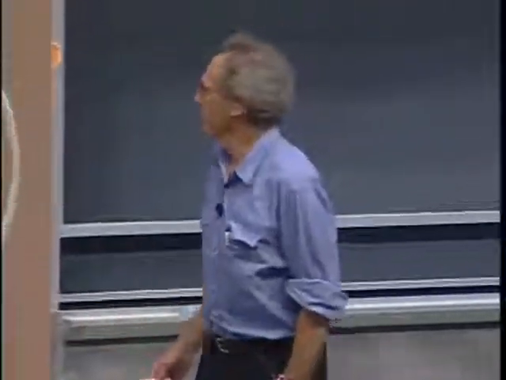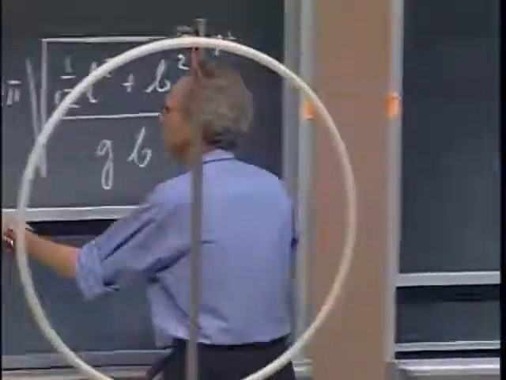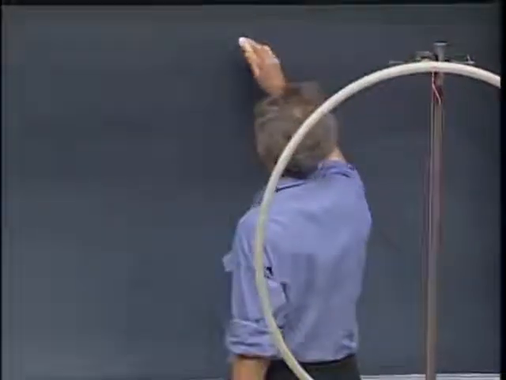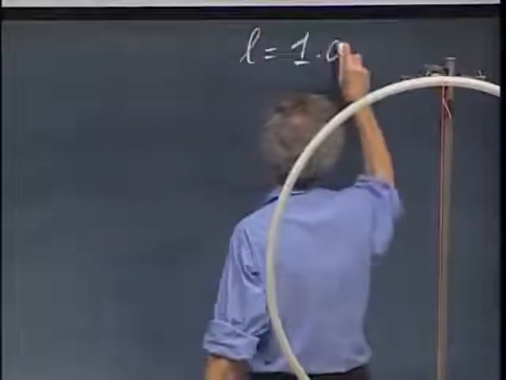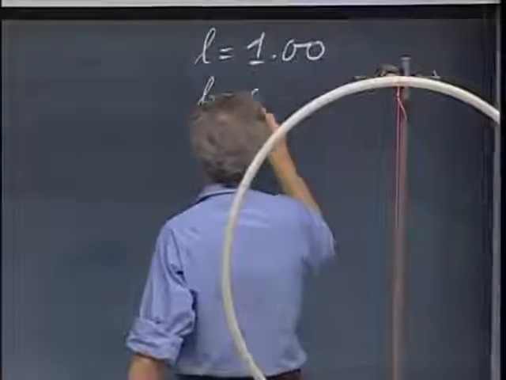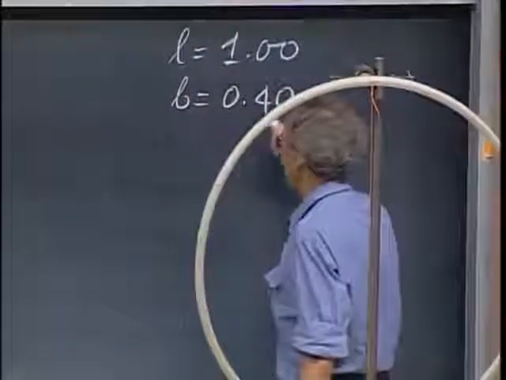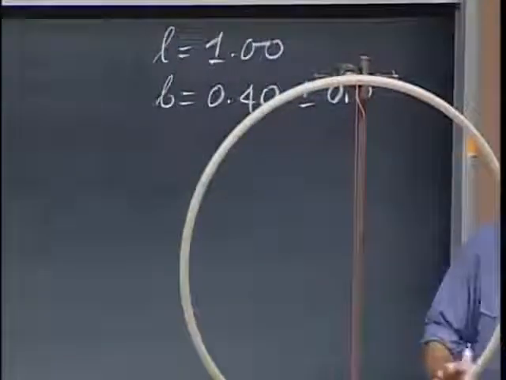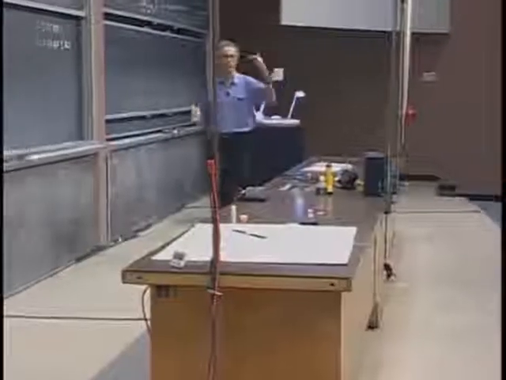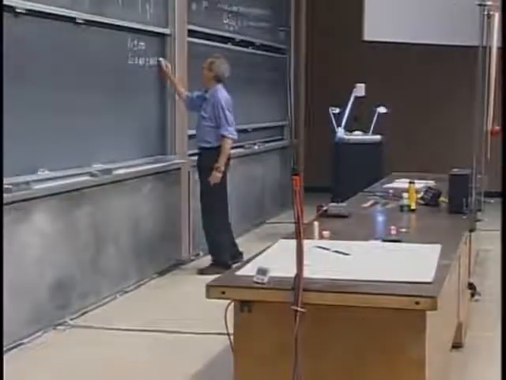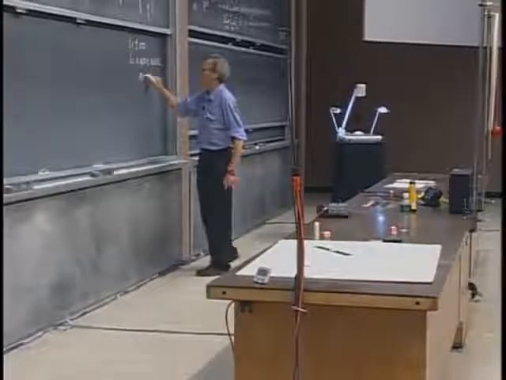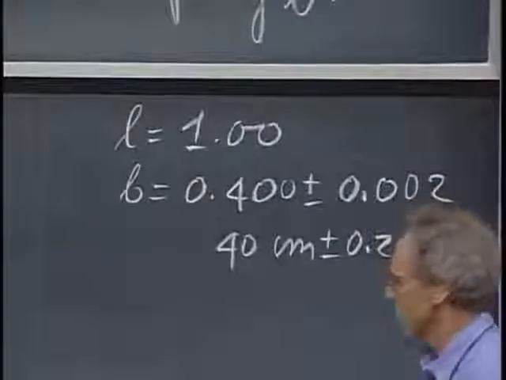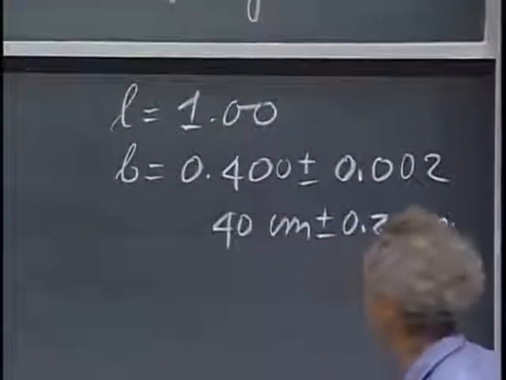In our case, b equals 40 centimeters, and it is an exact meter stick. So L equals 1.00, and b equals about 40 centimeters, but we could be off by something like maybe 2 millimeters. It's not so easy to get that hole in precisely. So it's 40 centimeters plus or minus 0.2 centimeters. So that is an uncertainty of about 0.5%.